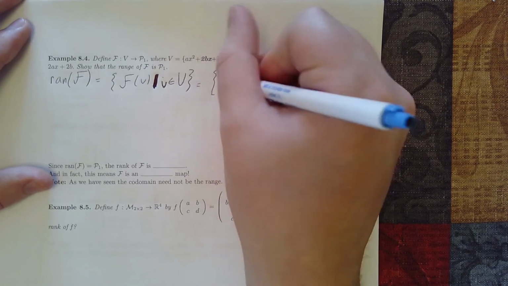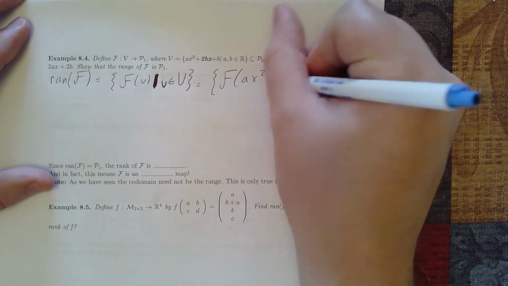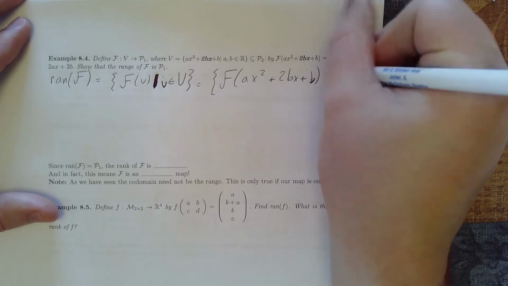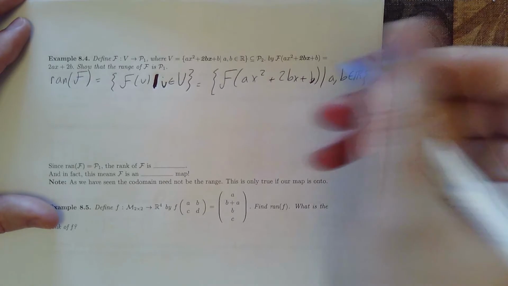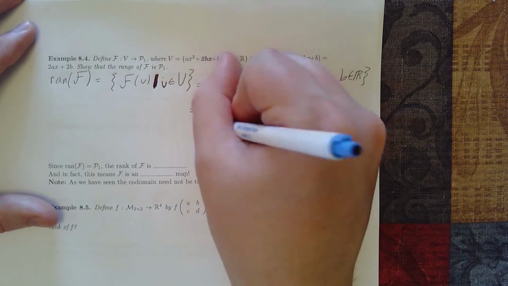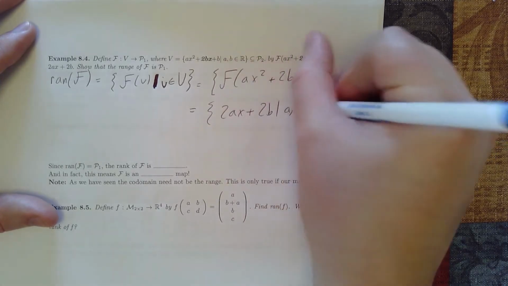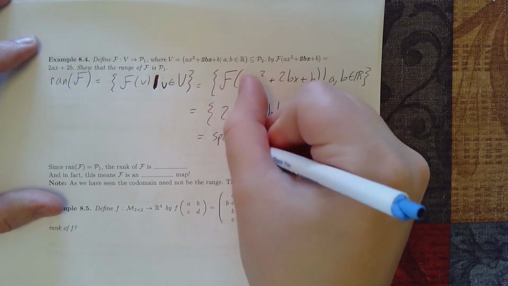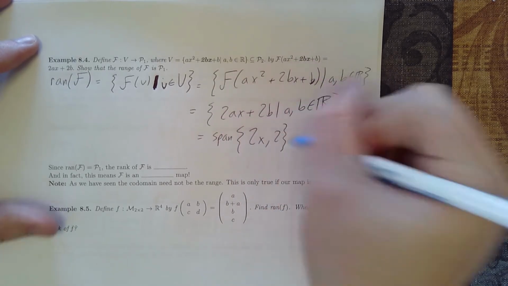So this is going to be the set of all f of ax squared plus 2bx plus b such that a and b are in the real numbers. And so this is just going to be the set of all 2ax plus 2b such that a and b are real numbers. Well, we don't have any conditions, so we can write this as a spanning set. This is the span of 2x and 2.